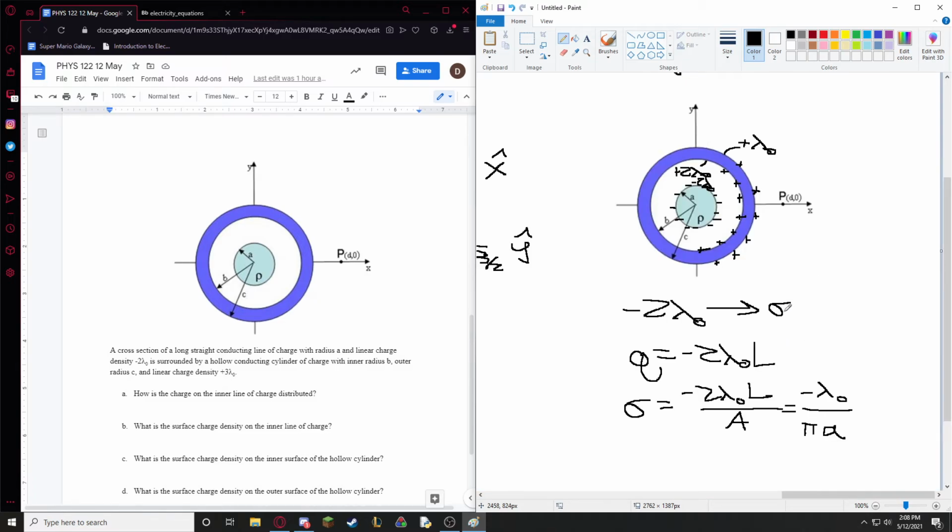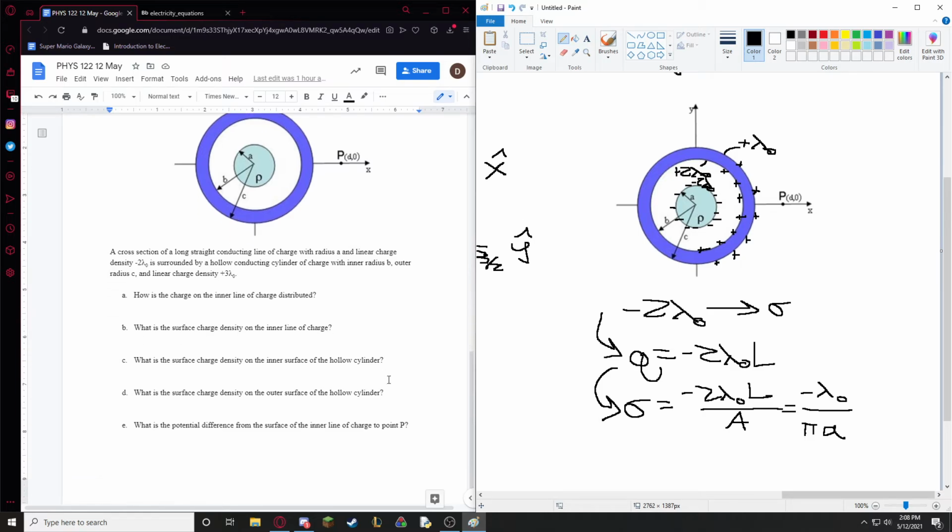That's how we go from a linear charge density to a surface charge density. We get our charge, and then we divide it by the area to get our surface charge density. And we could do the same process for the inner surface and outer surface of our outer shell, but it's going to be very similar, and it's just going to be using different numbers.